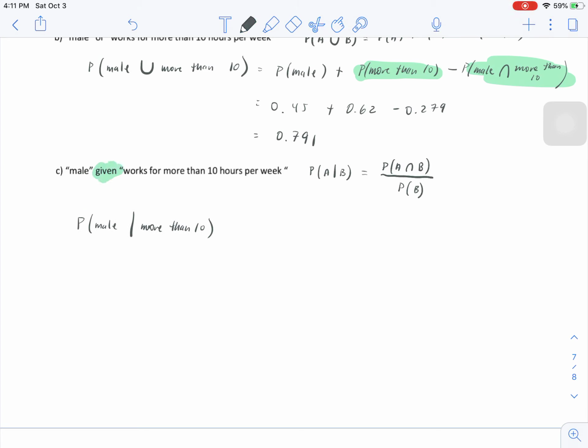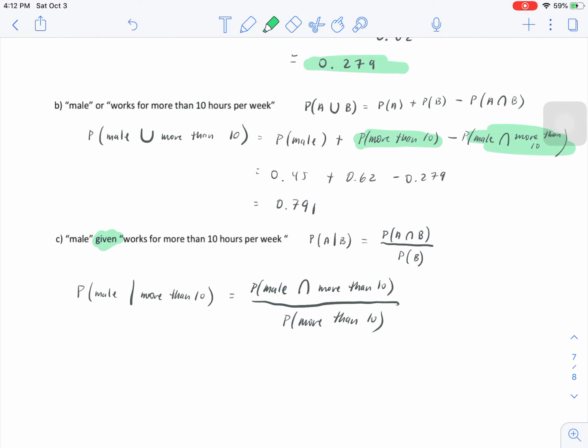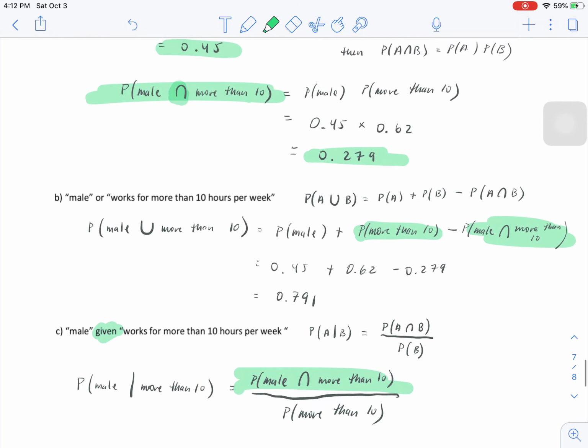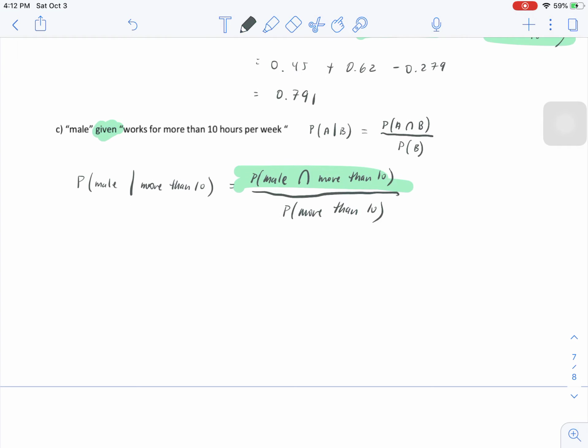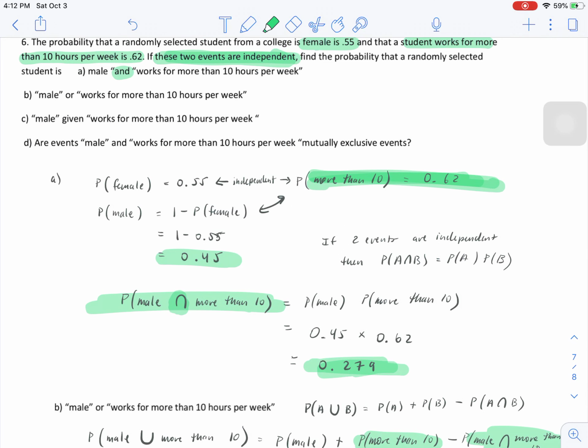The probability that you're male, given that you work more than 10 hours per week, is equal to the probability that you're male and you work more than 10 hours divided by the probability that you work more than 10 hours per week. Remember we calculated this one in part A, and that was 0.279. And the probability that you work more than 10 hours per week was given to us in the problem.